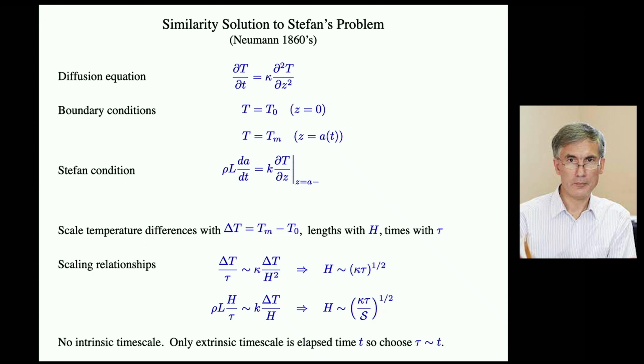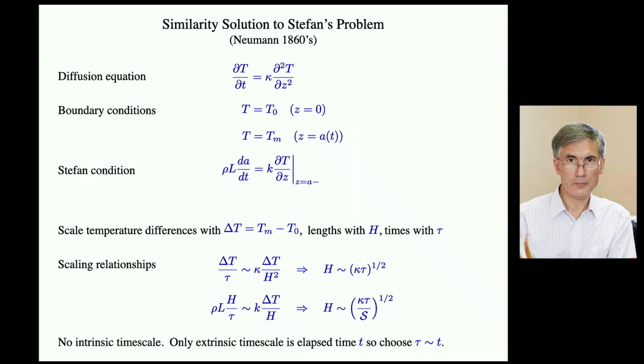I've divided by rho Cp and turned that into a kappa. So on this side we have the diffusivity times the temperature scale divided by the length scale squared. And if we sort that out, the delta T's cancel, and we see that H scales like the square root of the thermal diffusivity times a time scale.